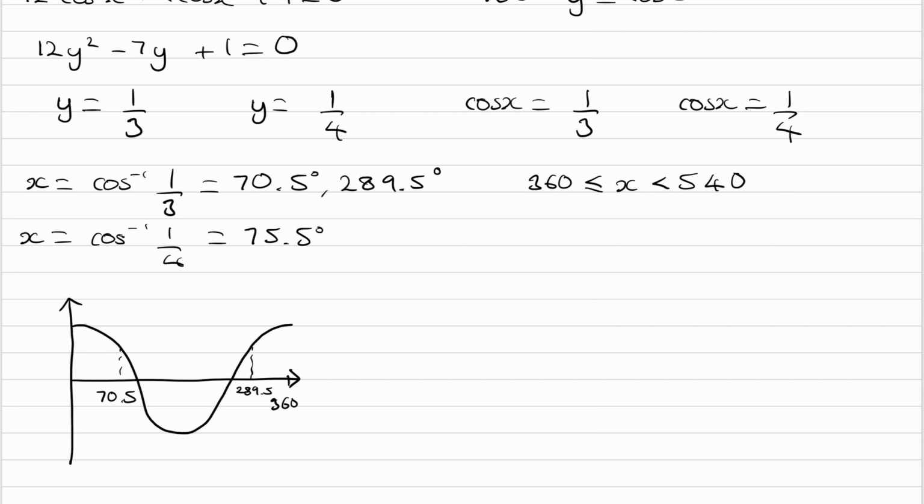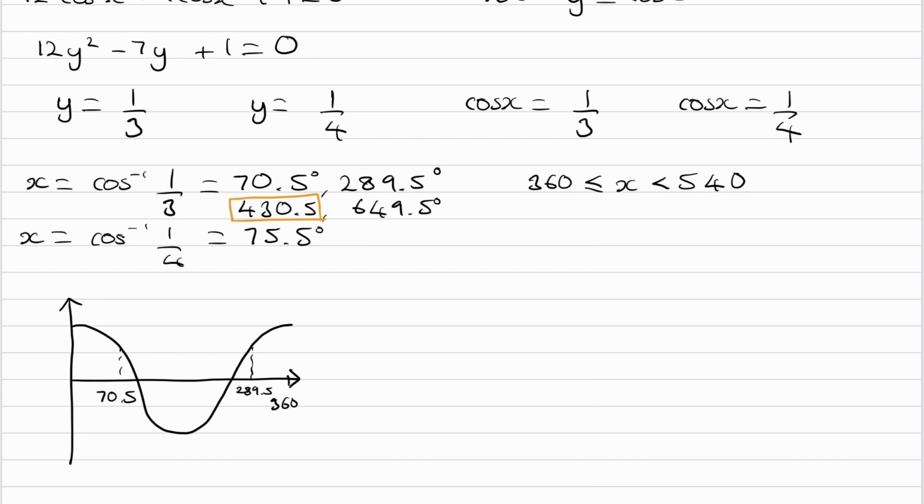Then we can add 360 to both of these angles, and we end up with 430.5 and 649.5. So from what we have here, the only angle in this domain is this one.